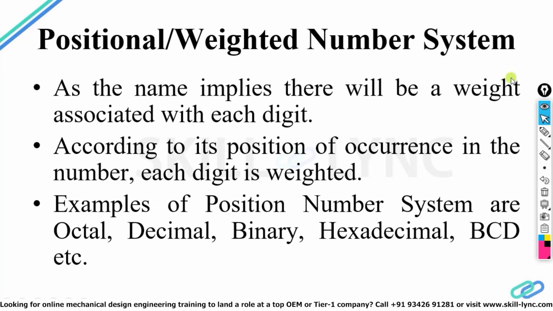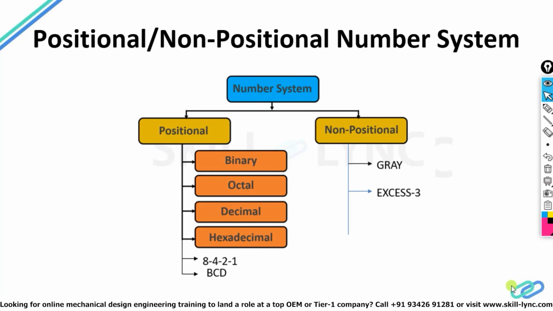In the positional number system, we simply want to say that if it is a number, for example A, B, C, D, then D has some position, C has some other position 0, 1, 2, 3, and the final value can be found out by the position. As I have told you earlier also, the positional number system is that number system in which each position is associated with some kind of weight.